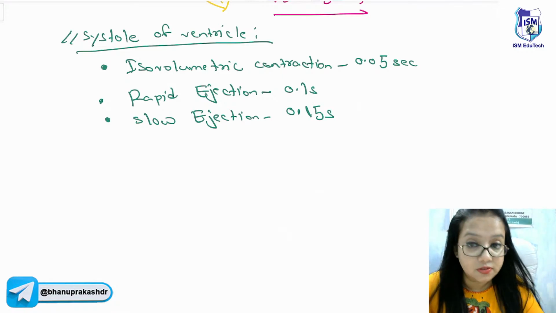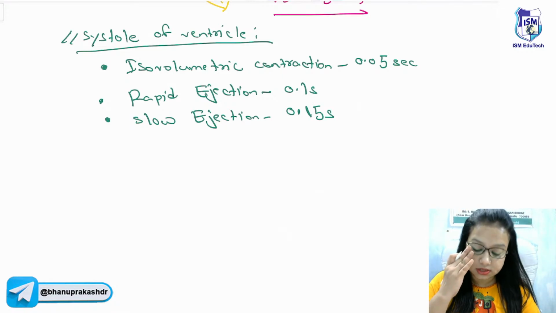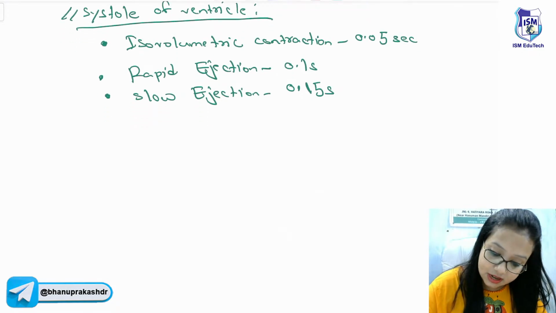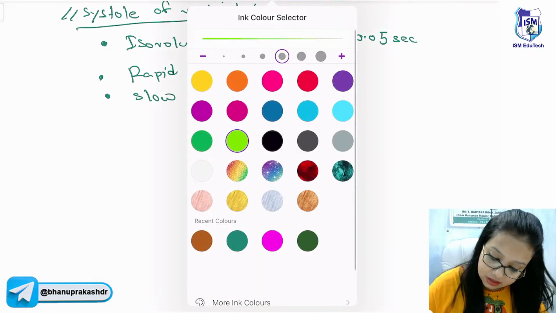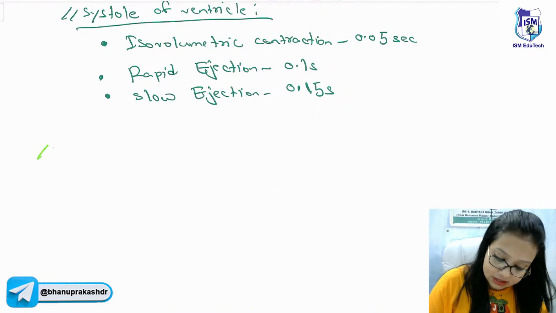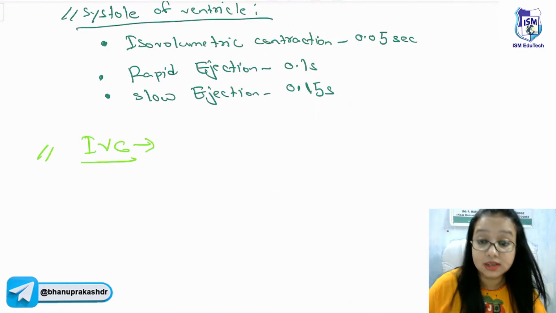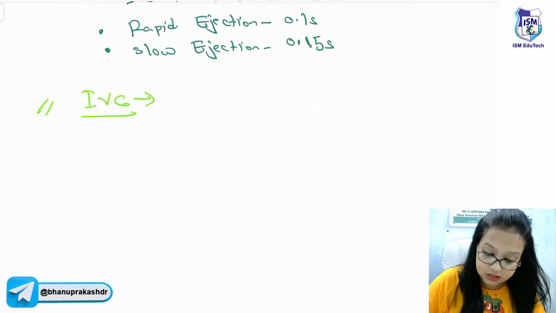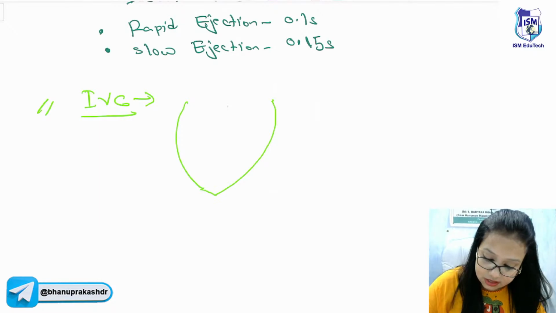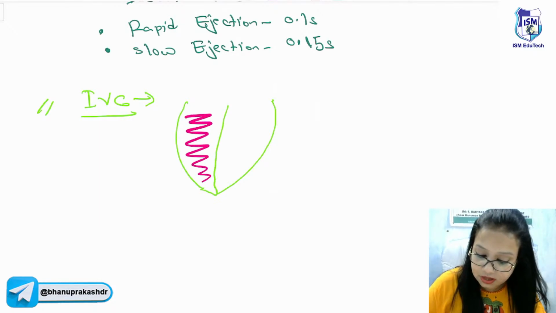Now, what are the events that are happening in the stages? Let's start with isovolumetric or isovolumic contraction. Now, think of the chambers of the ventricle. The ventricles are now fully filled with blood.